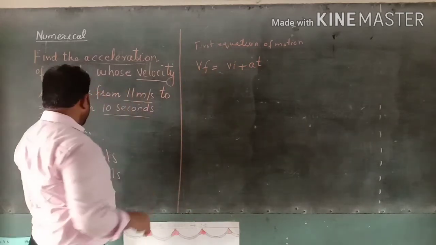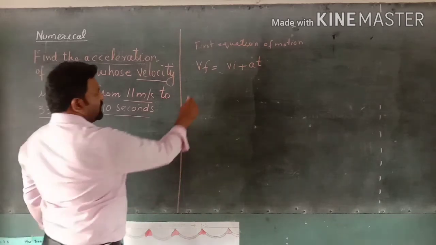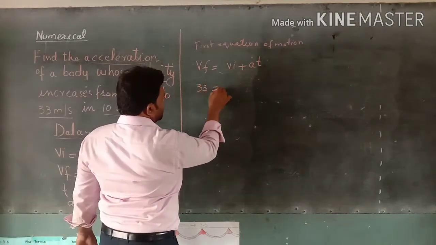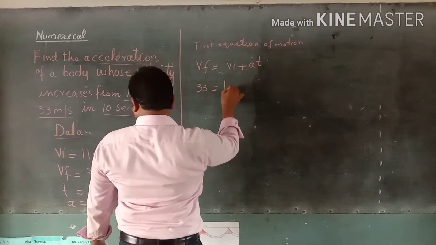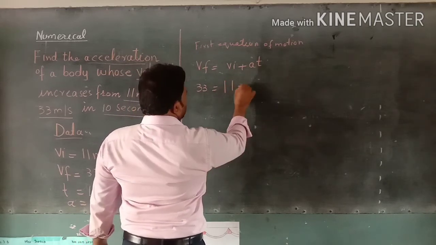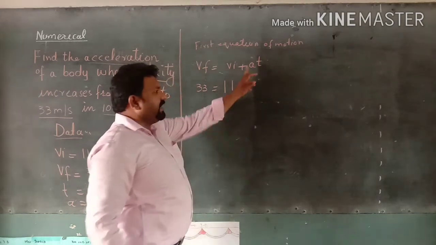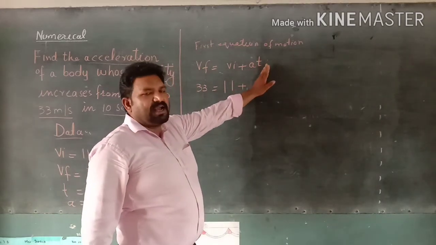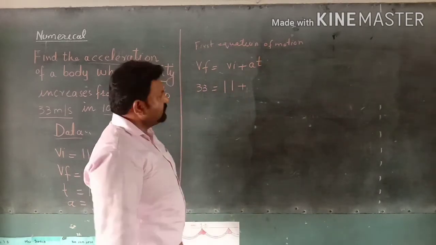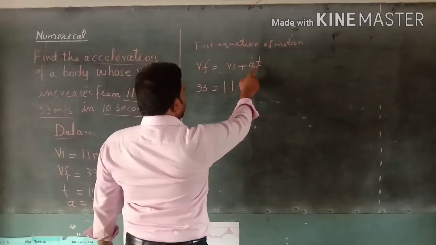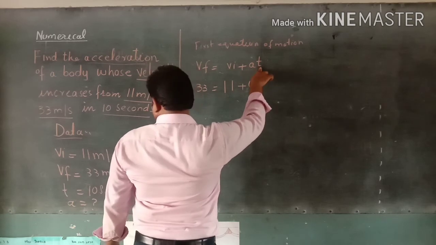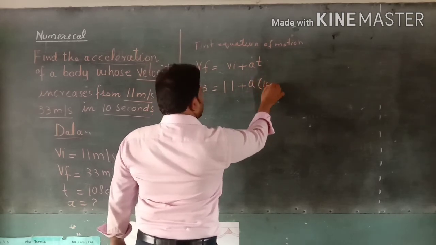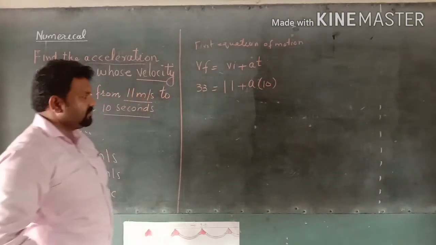The value of Vf is 33, so we write 33. The value of Vi is 11, so we write 11 plus At, where a and t are multiplying with each other. We write the value of t in brackets because the time is 10.